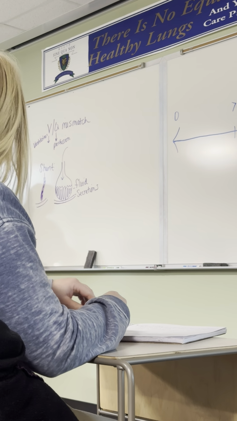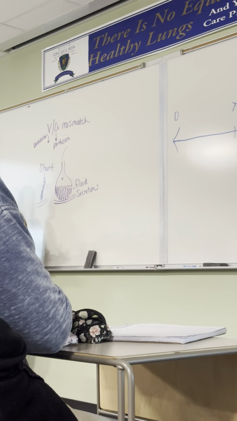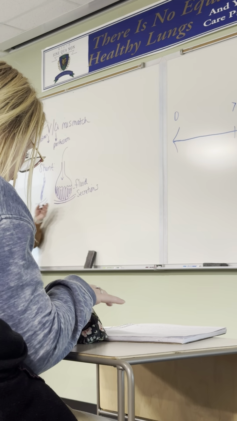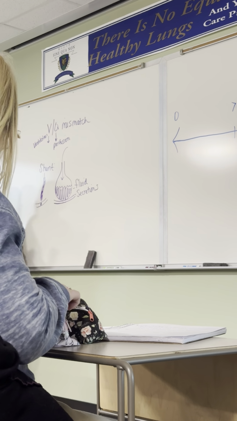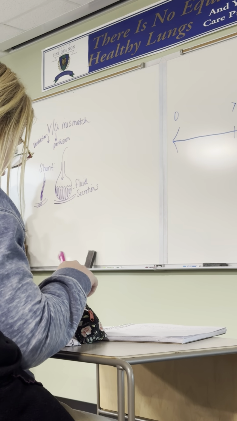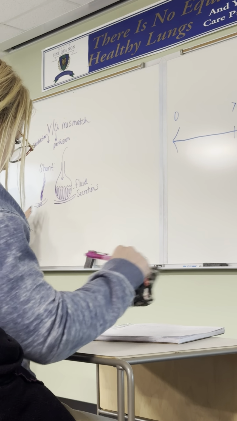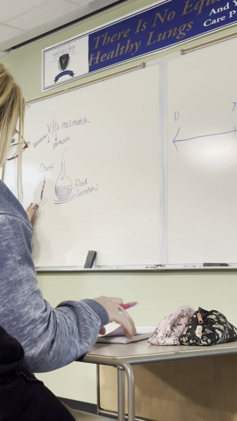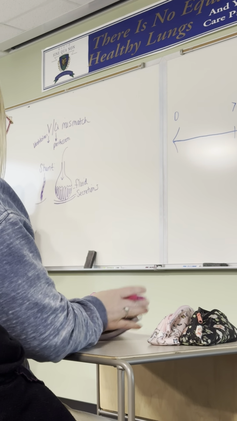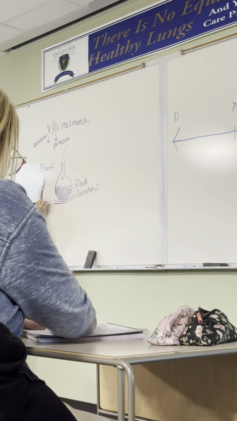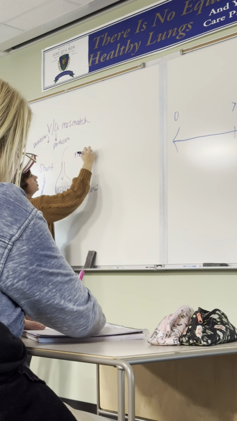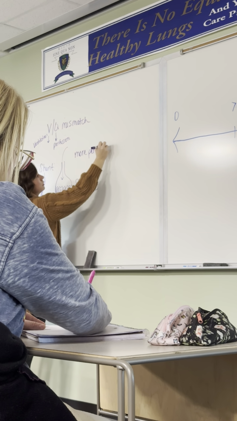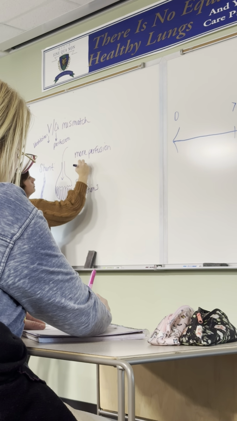Because there's something blocking? Yes. Okay. Something's blocking the ventilation. Now, if I were talking about perfusion, something would be blocking perfusion, and then we wouldn't be able to get through, okay? But we're not talking about that. Shunt is talking about blocking our ventilation. So, in our shunt, we have more perfusion than ventilation. Okay?